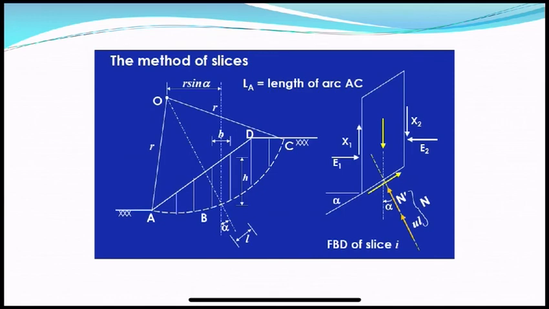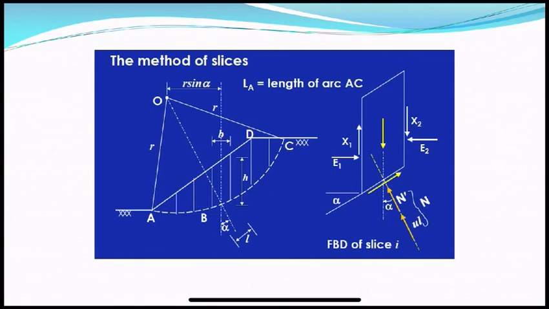From the vertical, this is the weight assumed for each slice, acting at the center of the slice of width b. The horizontal distance is b and the arc is assumed to be a straight line. This is the tangential force, and N dash is acting on the base of the slice, and U L is the pore water pressure acting on the base of the slice.